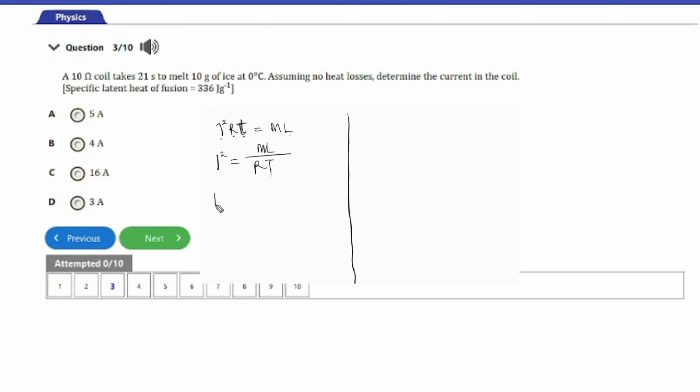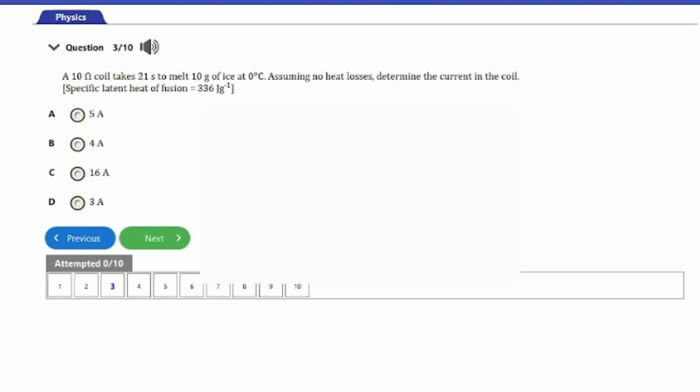So ml is 336 times the 10 grams, that's 3360, over Rt here, which is 10 times the 21 seconds, that's 210. So 3360 over 210 is 16. So it means that I squared is 16. If I squared is 16, I alone is going to be root 16, and that's 4 amps. So that's it for this question, option B.